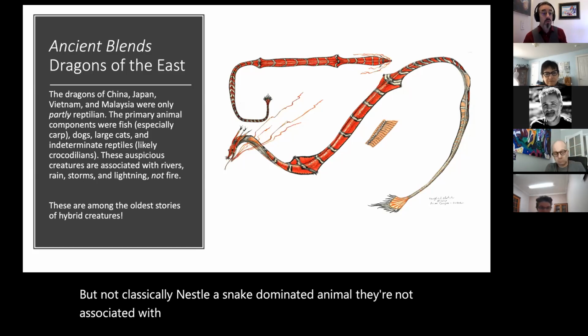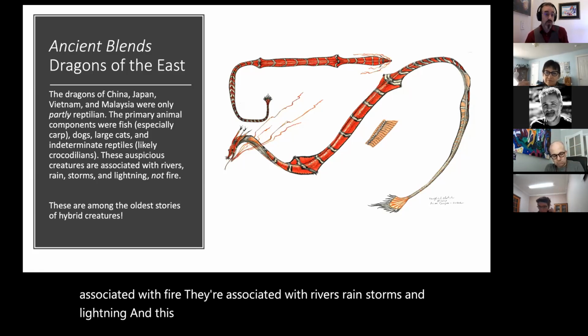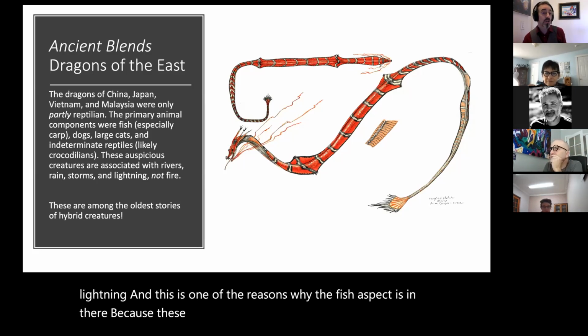They're associated with rivers, rain, storms, and lightning. This is one of the reasons why the fish aspect is in there, because these are considered to be strong swimmers. They're a semi-aquatic, water animal, and you can imagine why they would have been associated with that.